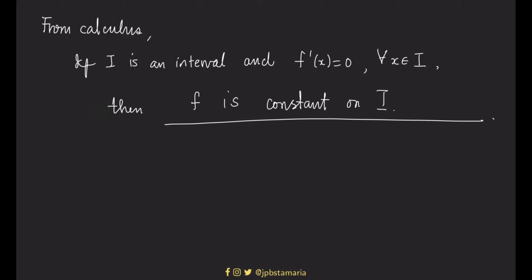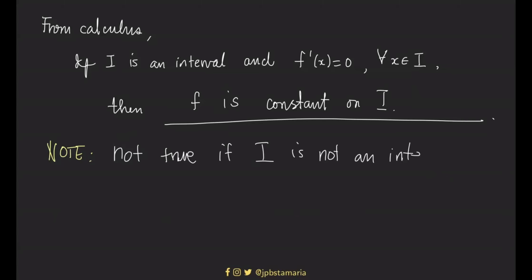Take note that this result was proven using the mean value theorem, but the result is not true if I is not an interval. Halimbawa, for example, ang I kunwari ay yung union ng (-1, 0) tsaka (0, 1).